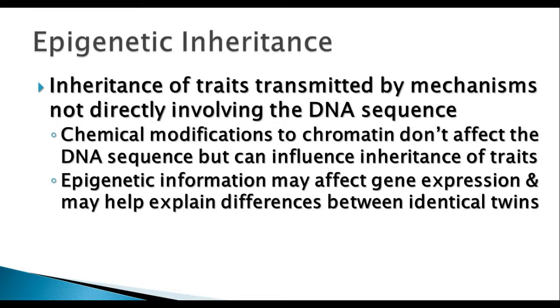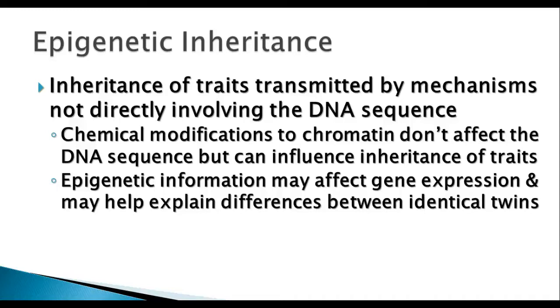One thing that's been learned in recent years is something called epigenetic inheritance. This is inheriting traits that are transmitted by mechanisms that aren't involving the DNA sequence, and some of those are related to chemical modifications in the chromatin, because those additional functional groups can change or influence the expression of genes.